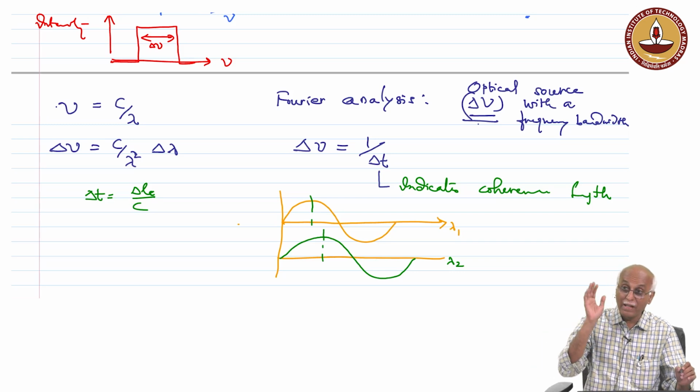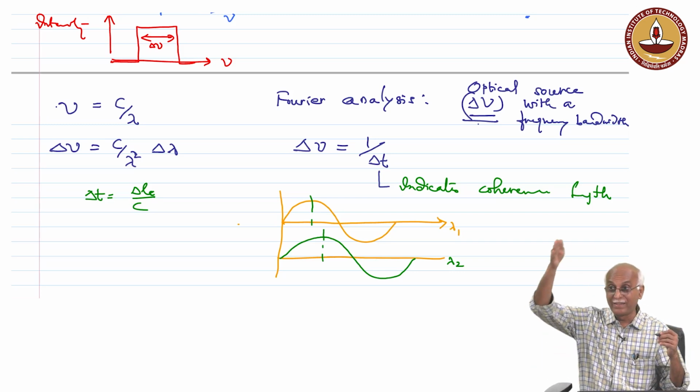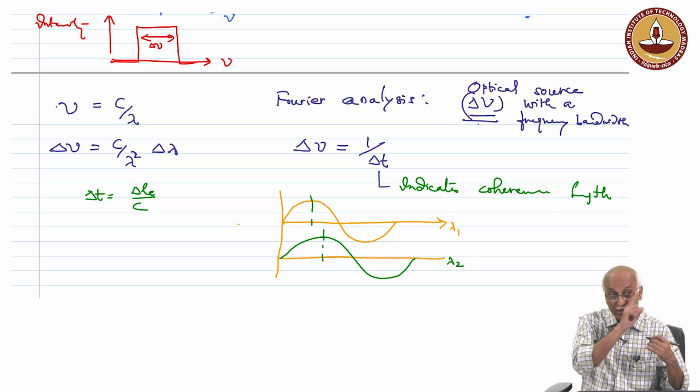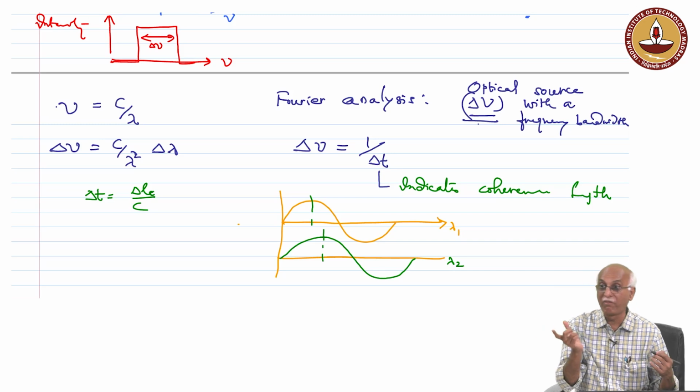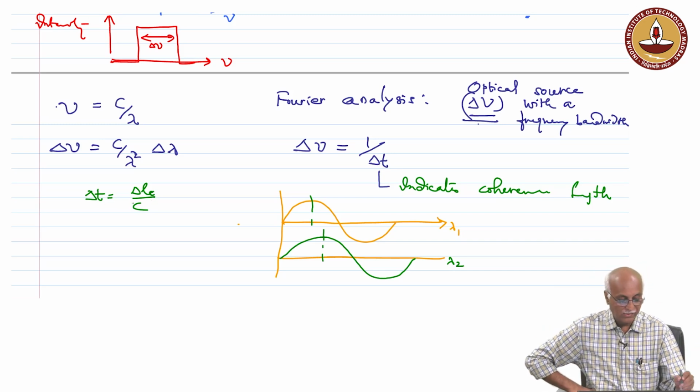Now, this is all approximation, I do not know the real intensity distribution, etc. In fact, it is a little bit complex, we will have to do a Fourier transform and try to find out for each of these frequencies what the intensity component is and how it reflects in terms of coherence length, but for the time being delta t is this.